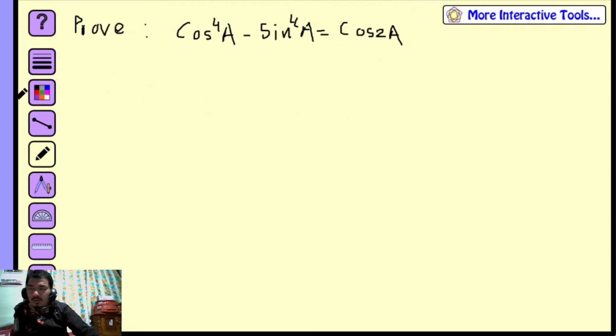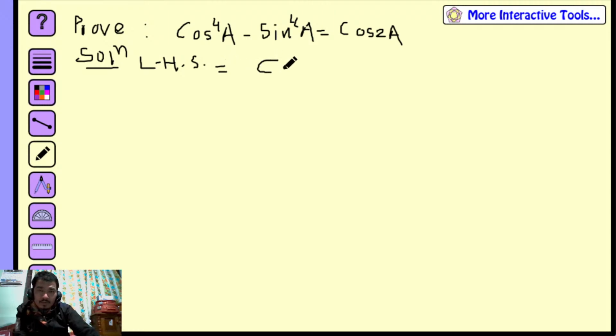This is for question number 15, okay? Please solve it. Here is the given solution. Write here LHS, and there is given cos power 4a minus sine power 4a, okay?